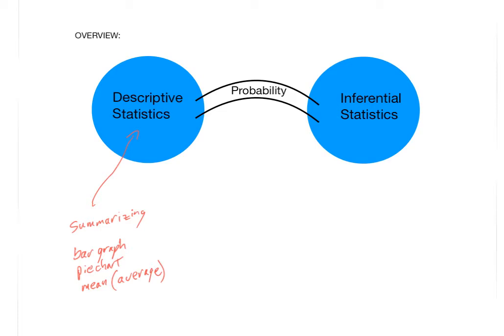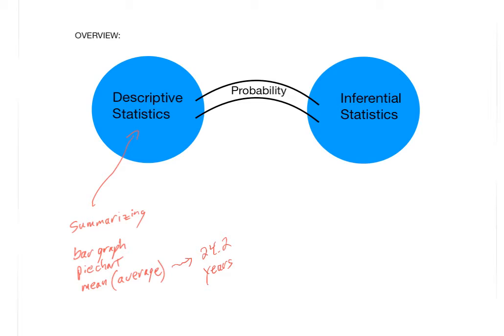Inferential statistics is when you're trying to take that information you found. So imagine with those 15,000 college students that you found a mean age of 24.2 years old. I'm just making that up. I don't know if that's accurate or not. But ultimately, we don't really want to make claims about those 15,000 college students. We want to make claims about the set of all college students, let's say in the US.